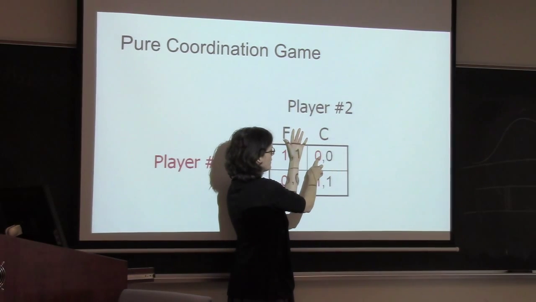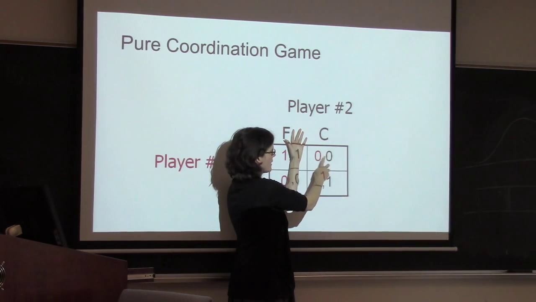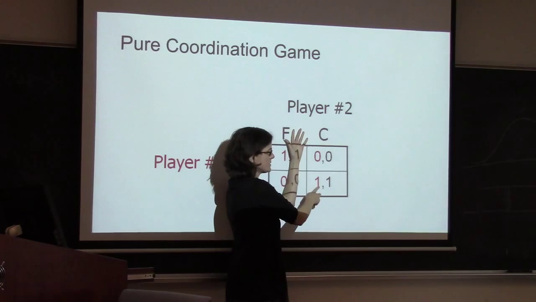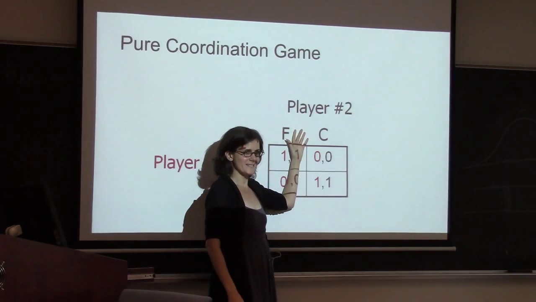So let's say I've chosen fridge, player 2 has chosen cupboard, so we're both getting a payoff of 0. I can move to here, in other words, I can start using the cupboard. Do I move from here to here? I should.